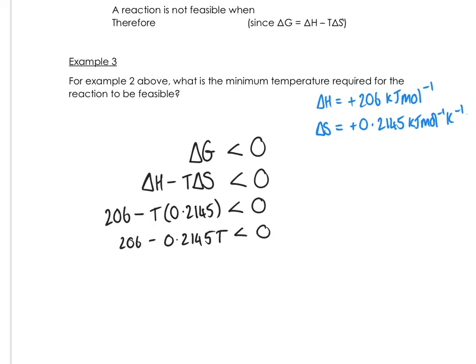Okay, this is where the fact that we have a less than or a greater than symbol gets a wee bit tricky, but what we're going to do is move this to the other side and make it positive and keep the sign the direction that it is. If you start taking the 206 to the other side and divide it by a minus number, that really affects the direction of the sign. So you have to follow through this way.